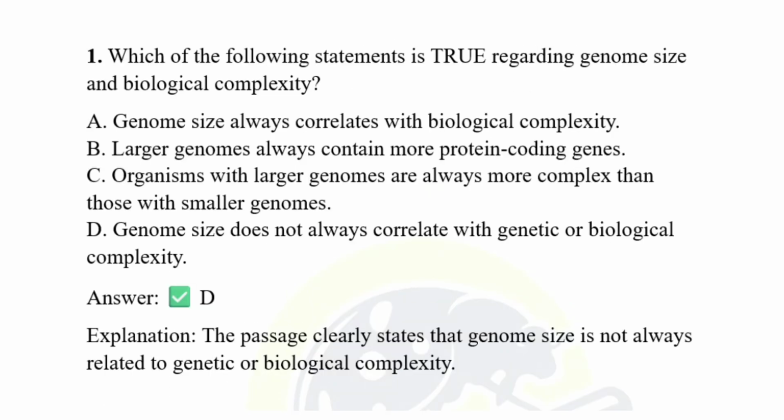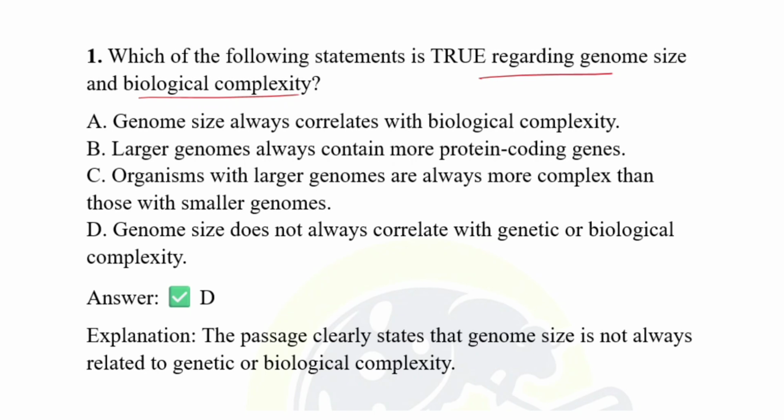So this is the first question. Which of the following statements is true regarding genome size and biological complexity? So you have to relate whether there is any relationship between the genomic size of the organism and the biological complexity. It means its genomic material, whether it has to do with its genome size or not.